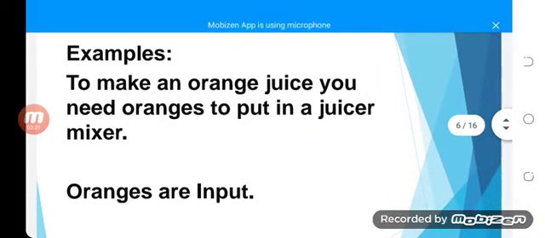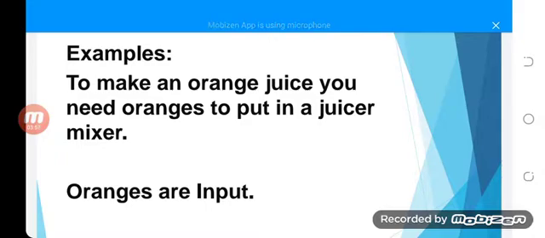So here's an example of the working of a computer as a machine. A computer is just like a machine, and you have to consider it like a machine. First of all, consider that you have to make orange juice from oranges.